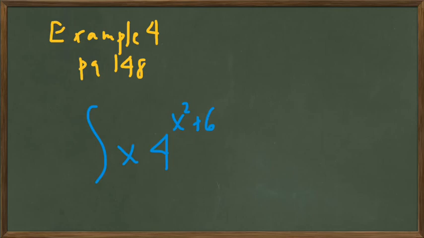And now let's do an integral example, example 4 on page 148. We notice that this x is the derivative of the power, so let's make u equal the power.